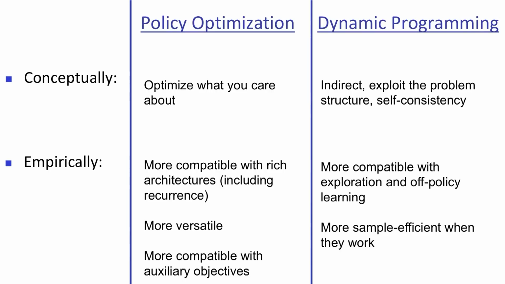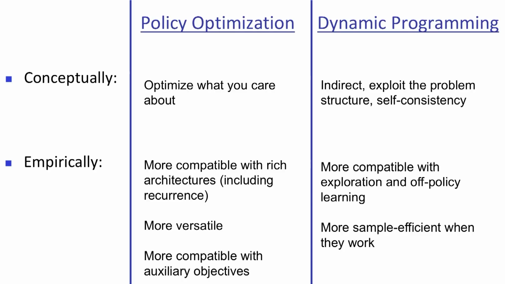It's not clear how much you're losing, and you're not directly optimizing for what happens when you use that Q function to then act. Here, when you directly optimize your policy, you directly optimize the objective that you want ultimately. Another reason you might want policy optimization is that it's more compatible with rich architectures, including recurrent architectures, often easier to work with. Hard to know now, but that's just some foreshadowing.